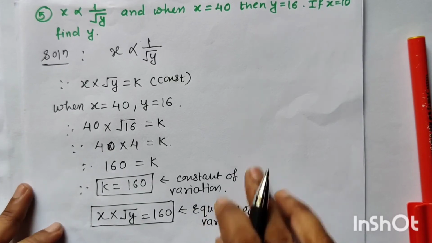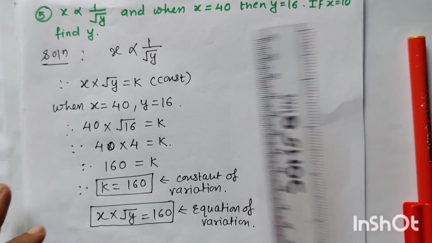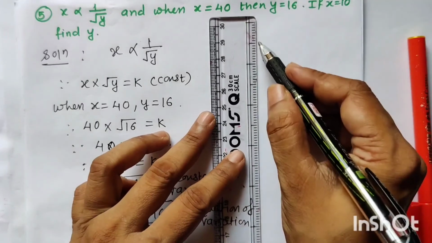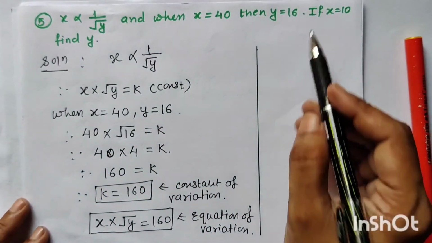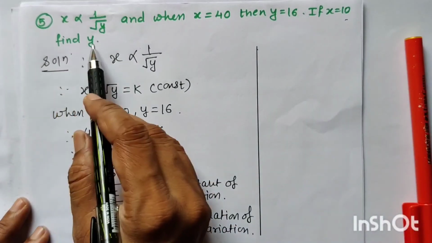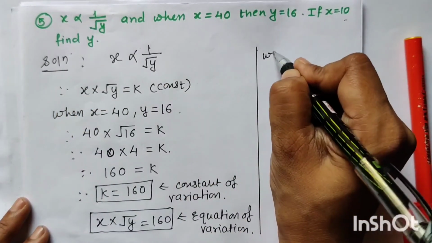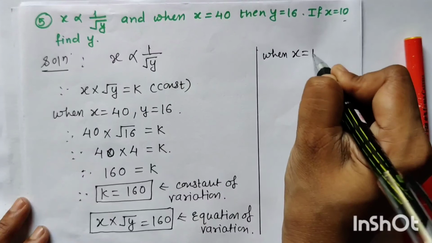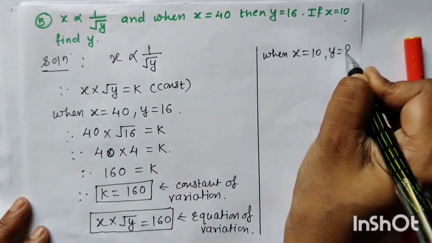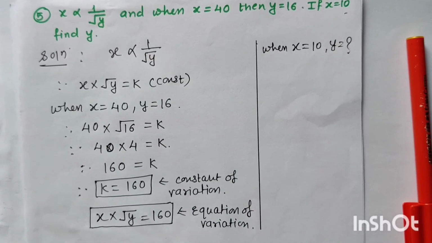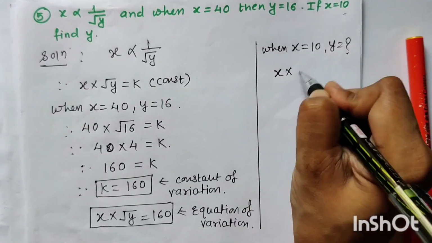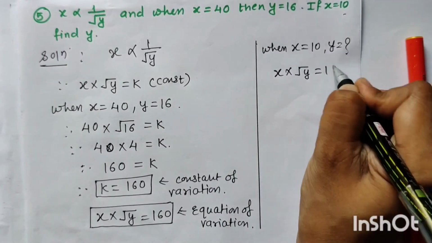Okay. Then after writing the constant of variation and the equation of variation, we have to see the next part of our question. What is the next part? If x is equal to 10, we have to find y. So when x is equal to 10, y is equal to how much? How to write? We write this equation first: x multiplied by square root of y is equal to 160.